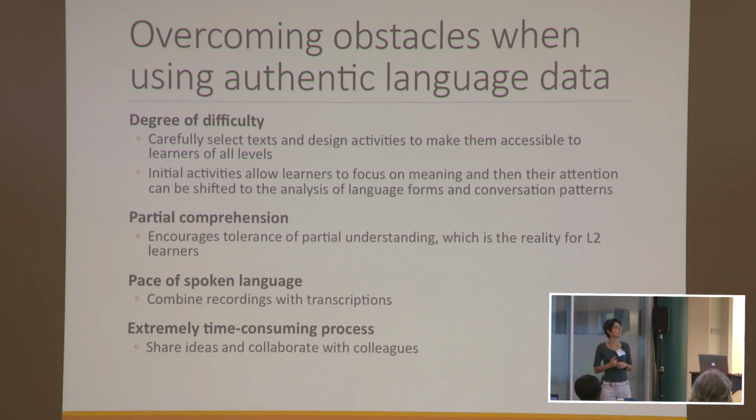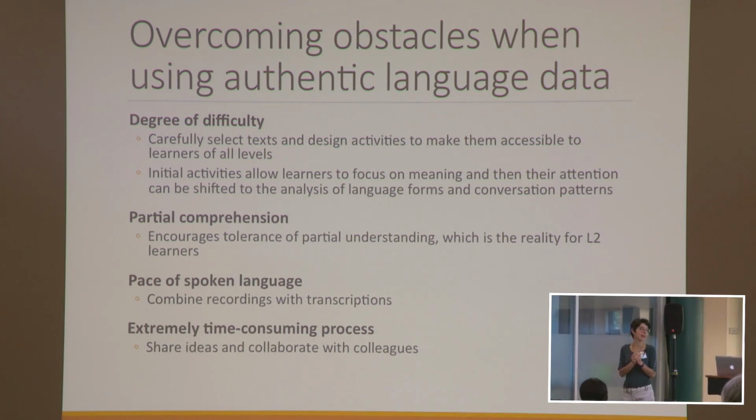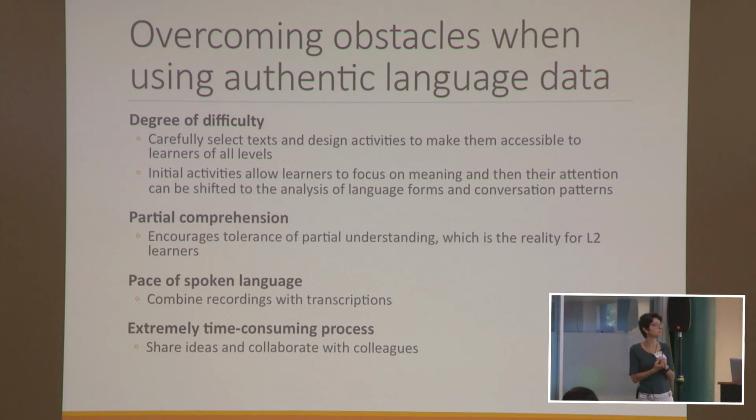So usually we initiate the approach to the authentic material with comprehension questions, so we help them understand the meaning behind what they are listening to or reading. And then we shift their attention to form, to conversation patterns. But we first need them to understand what is behind that piece that they have in front of them.